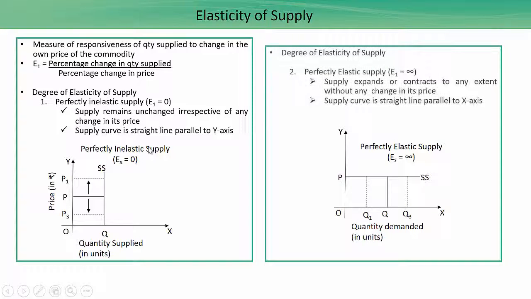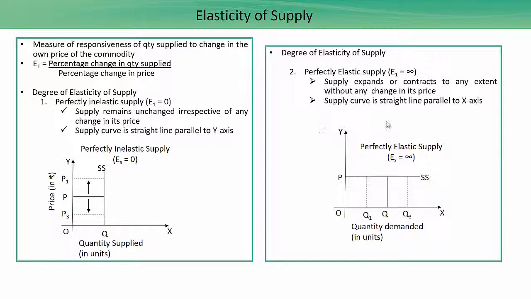Now let's move further and understand perfectly elastic supply, a situation where Es is equal to infinity. The supply of a commodity is perfectly elastic when the supply expands or contracts to any extent without any change in the price.